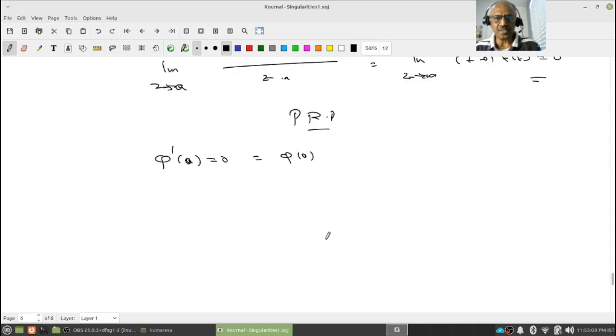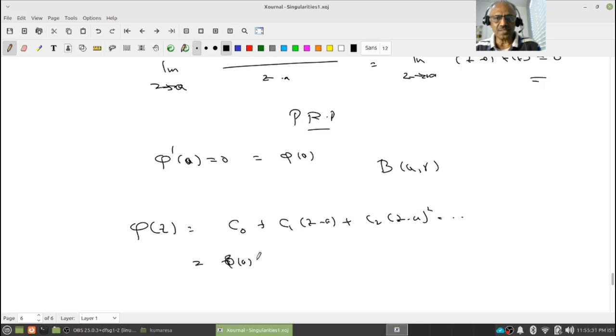Since phi is holomorphic on the disk, I can write phi of z in powers of z minus a, that is C0 plus C1 z minus a plus C2 z minus a whole squared, and so on. But remember, this is nothing other than phi of a, and this is phi dash of a into z minus a, etcetera. These are all 0.